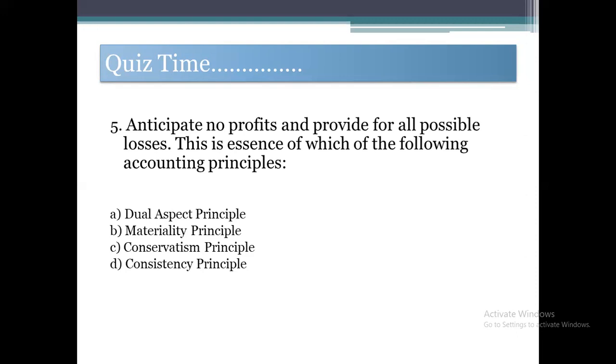It is because of this convention, right? This convention of conservatism says provide for all the losses. It is allowing you to record any expected losses, but it is asking don't record any anticipated profit unless it is confirmed. Because if I say don't record anything which is coming in as a profit, then it will contradict your accrual concept, which says any expected income you have to record, right?